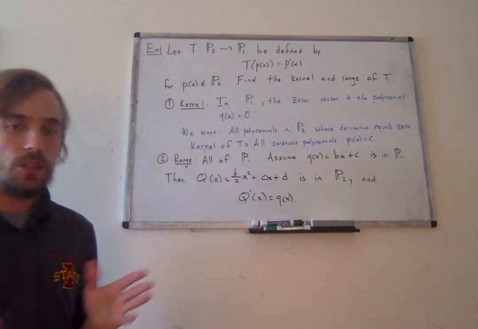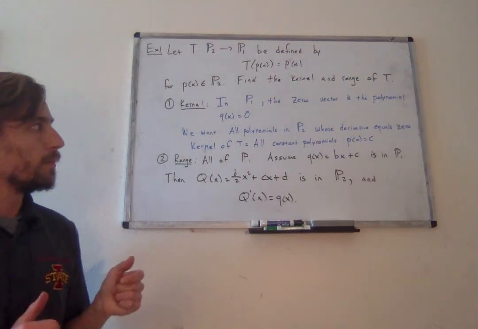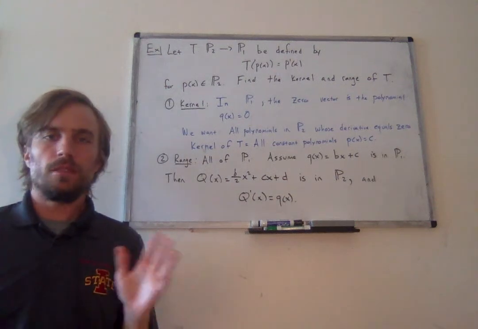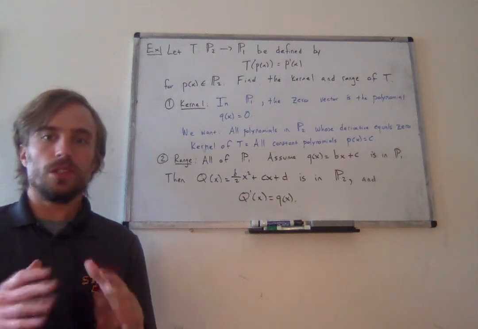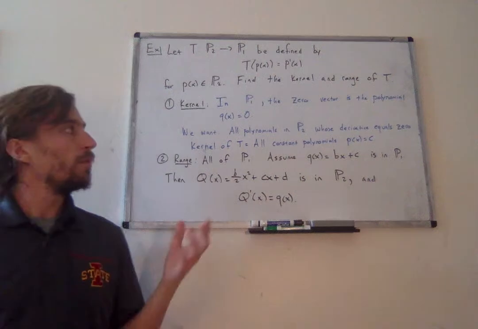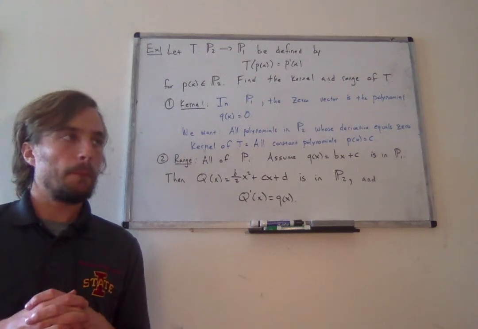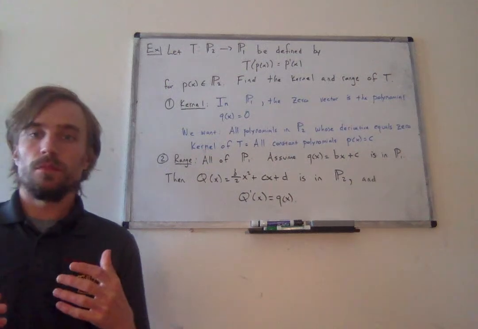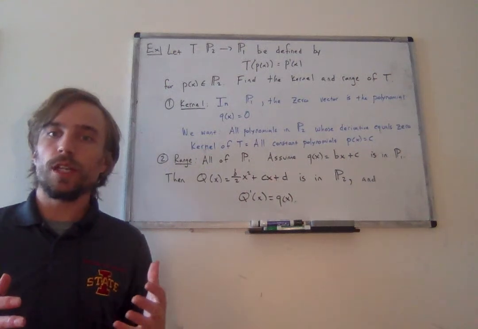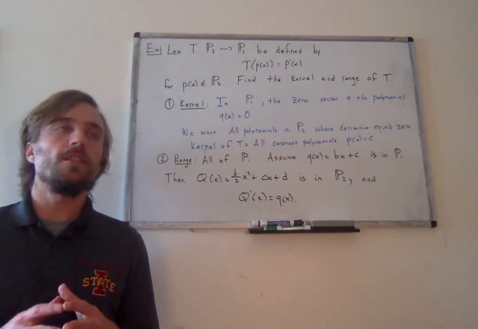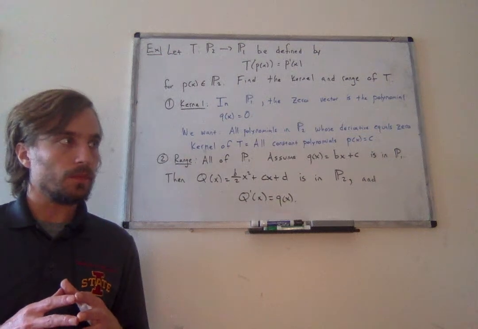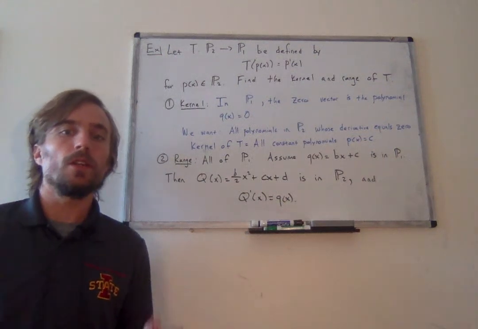I just thought this was an interesting example. We probably won't be calling on our calculus knowledge a whole lot. It was a really nice example of being able to apply these definitions in a way that wasn't strictly matrices. So we can now talk about linear transformations as they apply to vector spaces that aren't just Rm and Rn.